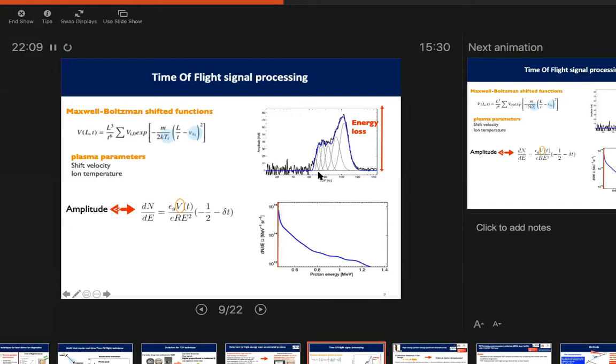But temperature and velocity are similar to energy. Is it something connected to the energy of this particle or not? The velocity, the shift velocity. With the shift velocity, you change the energy actually. The temperature actually is the width of each curve.